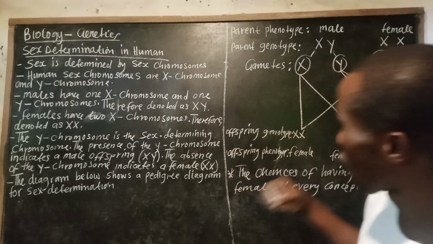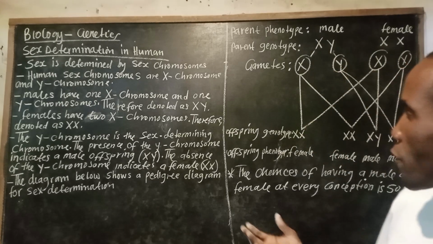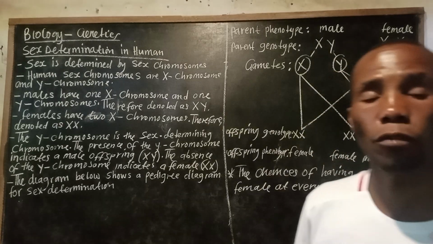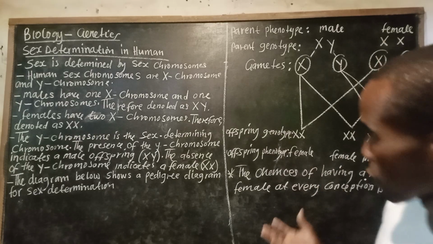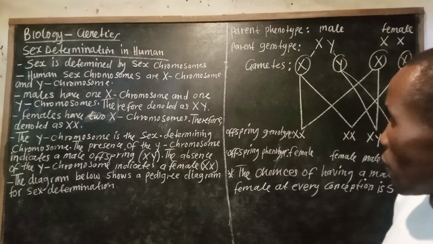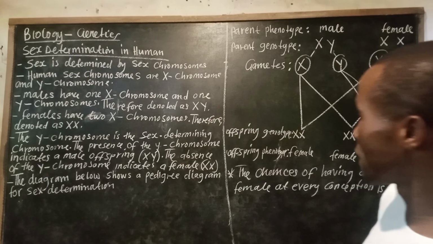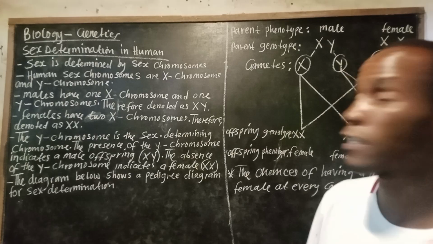The presence of the Y chromosome indicates a male child or offspring, and the absence of the Y chromosome indicates a female offspring. The diagram below shows a pedigree diagram or genetic diagram for sex determination.